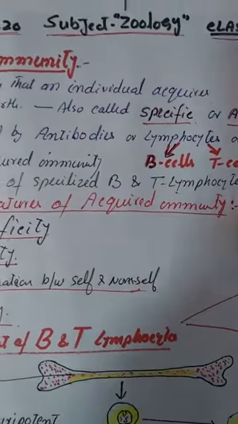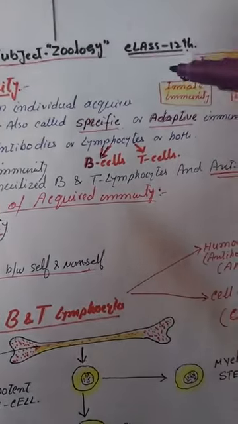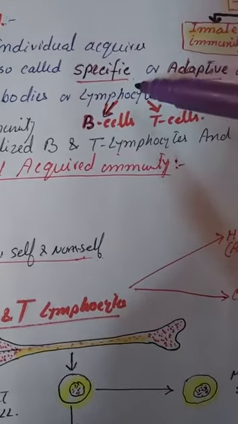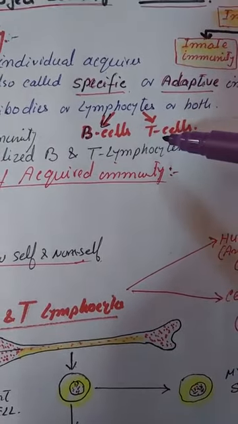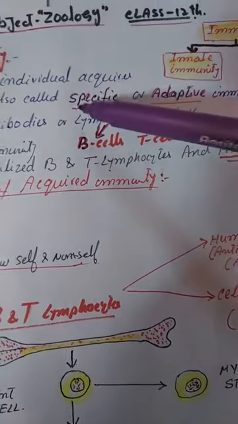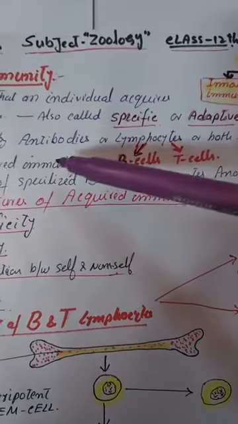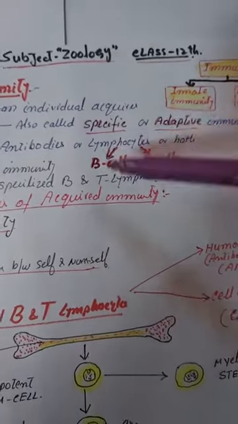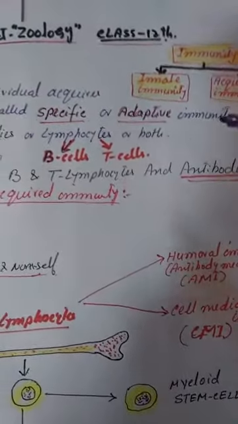This type of immunity is mediated by antibodies or lymphocytes. These lymphocytes may be B lymphocytes, known as B cells, or T lymphocytes, also called T cells, and also antibodies. Thus, acquired immunity consists of specialized B and T lymphocytes and antibodies.